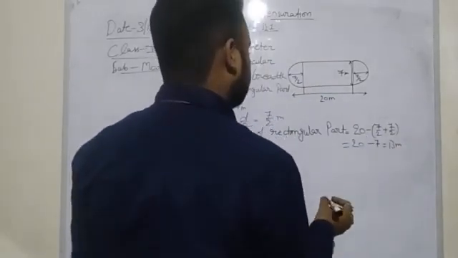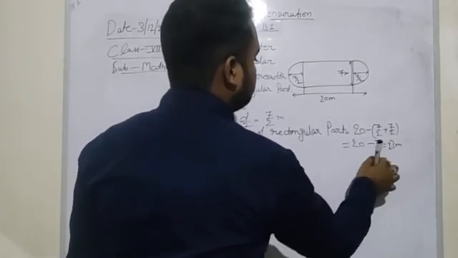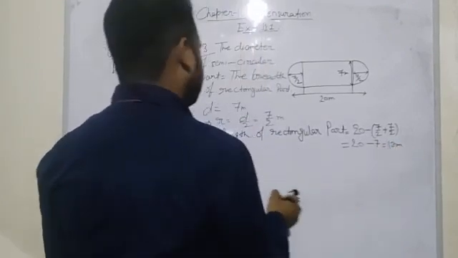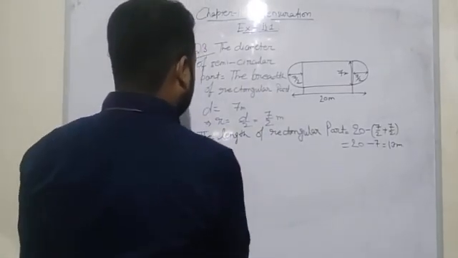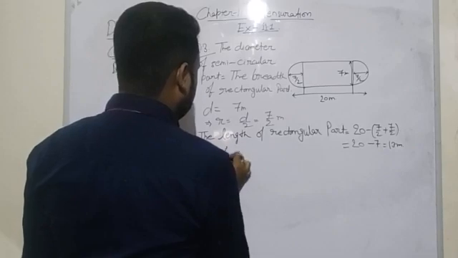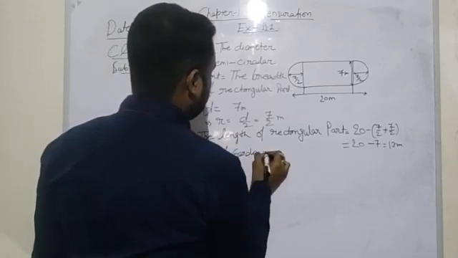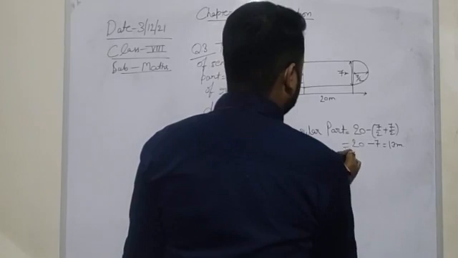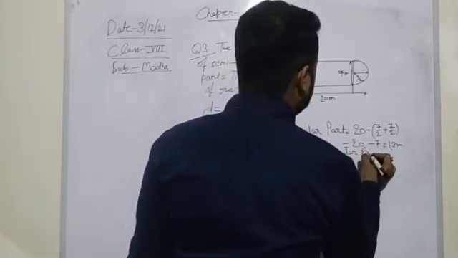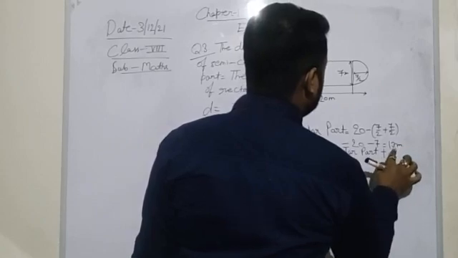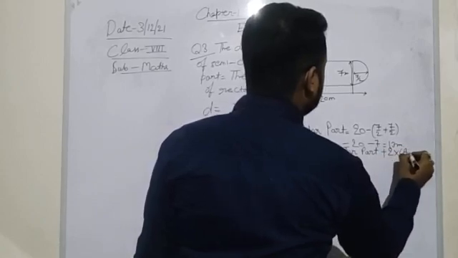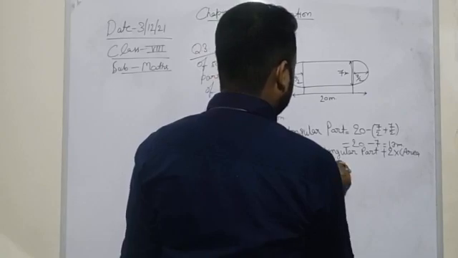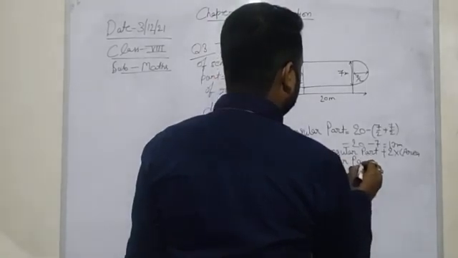Now we have the length. Area of garden is area of rectangular part plus 2 into area of semicircular part.